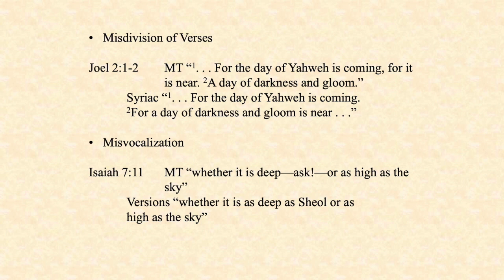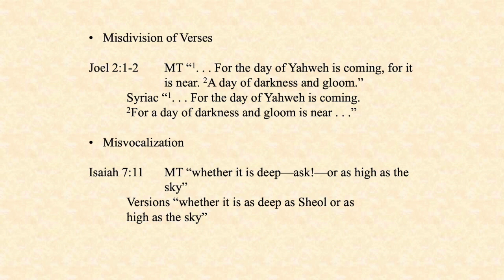Sometimes there can be a bad division of verses that the scribe just doesn't understand when they're copying. So the Masoretic text here has, "For the day of Yahweh is coming, for it is near, a day of darkness and gloom." And the Syriac has divided the verse differently.